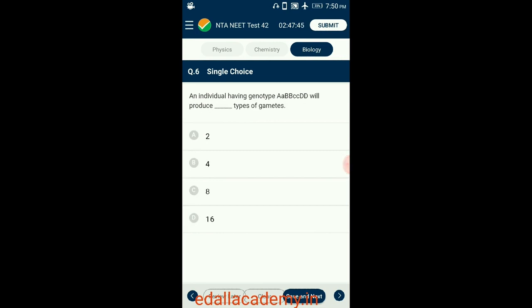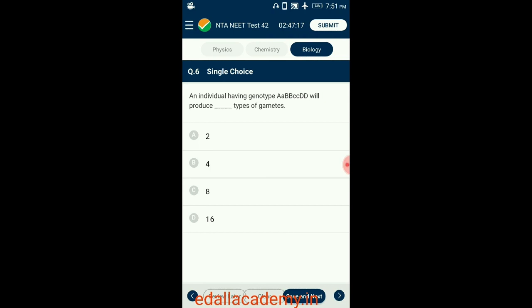Question number 6. An individual having genotype capital A, capital B, small c, capital D will produce dash types of gametes. The given individual is hybrid for gene A, homozygous for gene B, homozygous for gene C, and homozygous for gene D. Thus, this individual is a monohybrid.